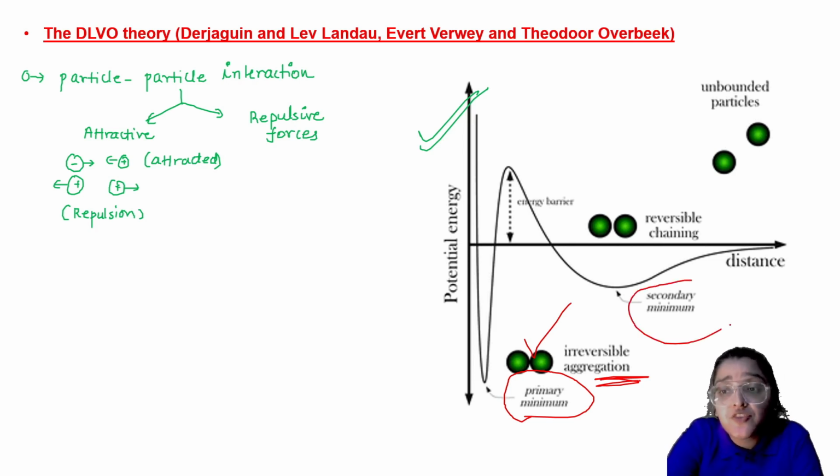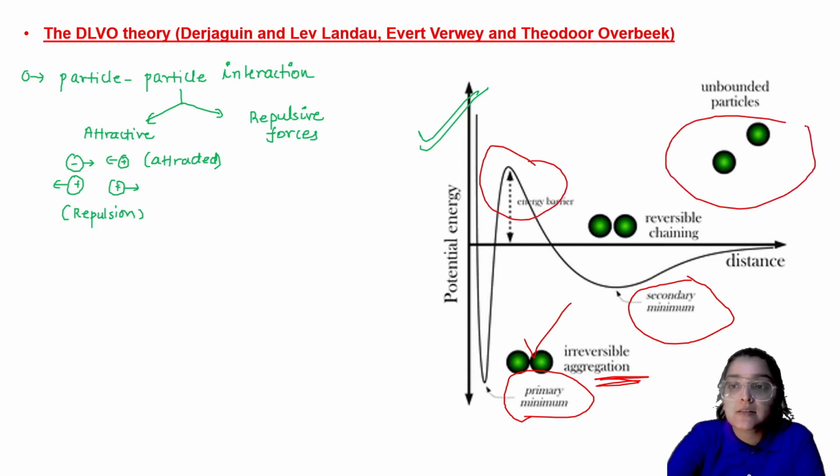Here is the secondary minimum, where the attractive forces exist, but are not sufficient to cause aggregation, though they still tend to form floccules. And this is the region of repulsion. The repulsive forces are high, so the particles now appear as separate individual particles in the dispersion medium.